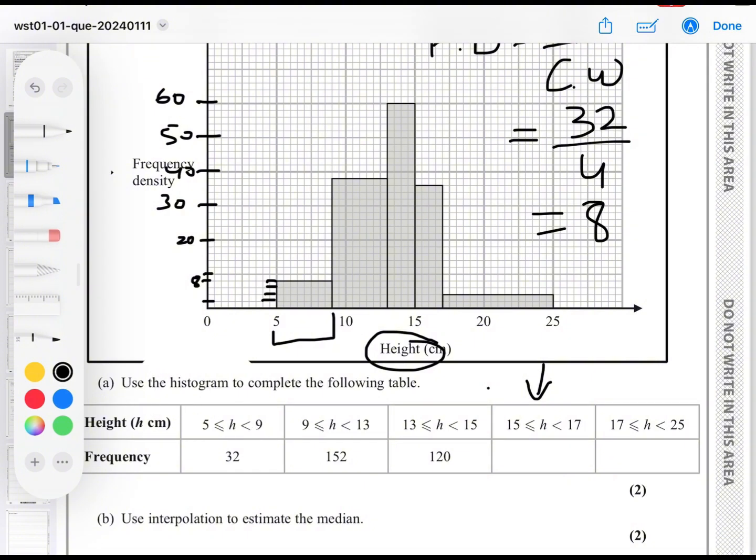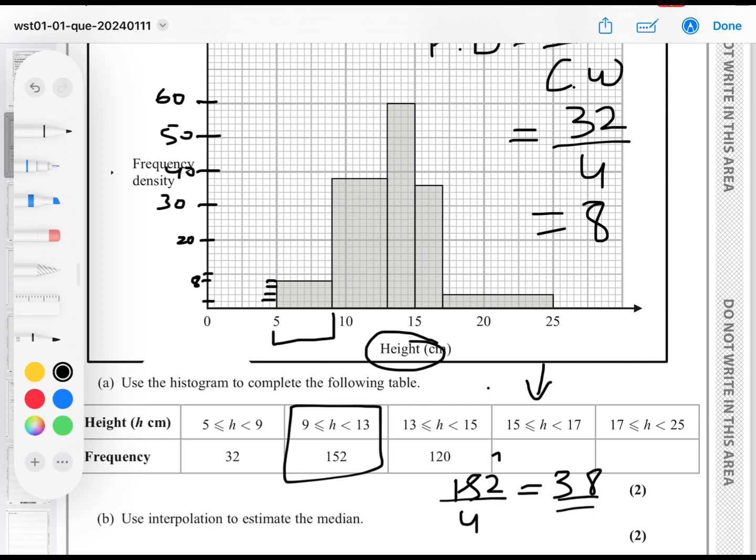In the second class interval, the frequency is 152 and the class width is 4. So 152 upon 4: 4 3s are 12 and 3 carry 8, so 38.